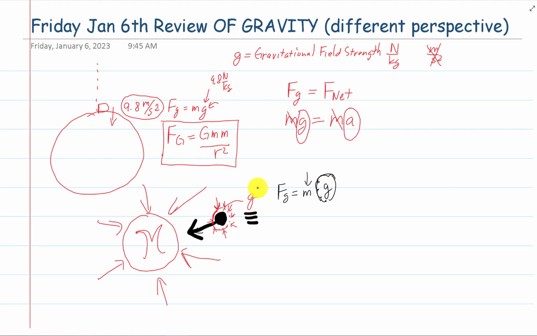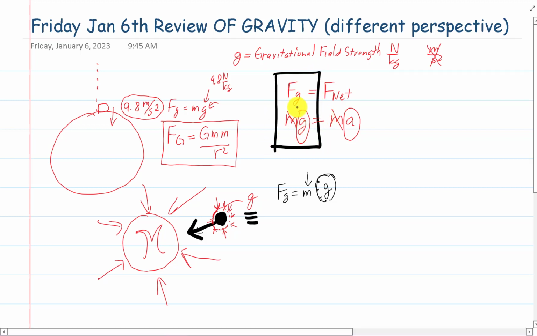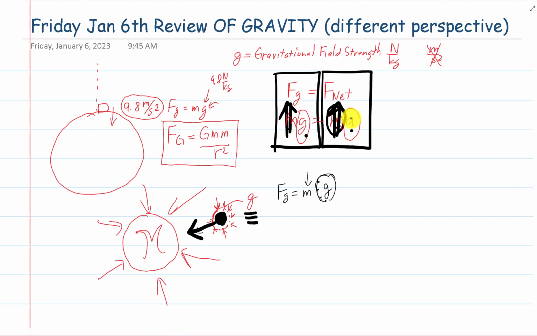And the larger the mass, the larger the force. But then why doesn't it accelerate more if it's a larger force? Because the mass used in Newton's second law is the same value of the mass. So if I get a much bigger mass here, that mass is going to be bigger here, but g is still going to be equal to a because of Newton's second law.